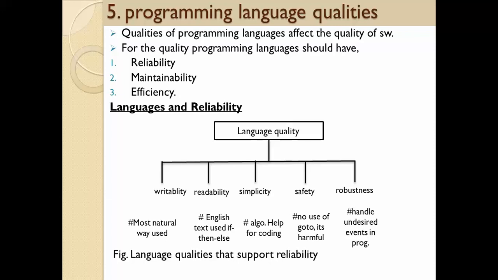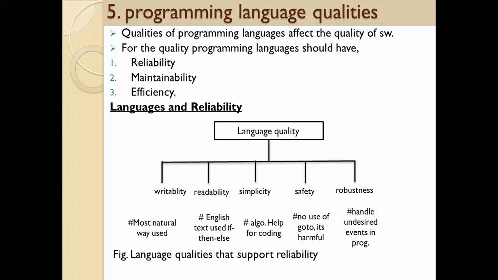For that, a quality programming language should have the following three qualities: reliability, maintainability and efficiency, right? Then the software will be reliable, maintainable and work effectively. How can we define reliability?